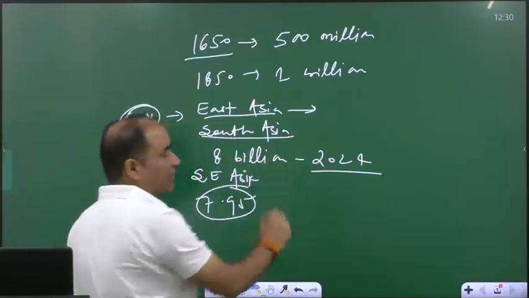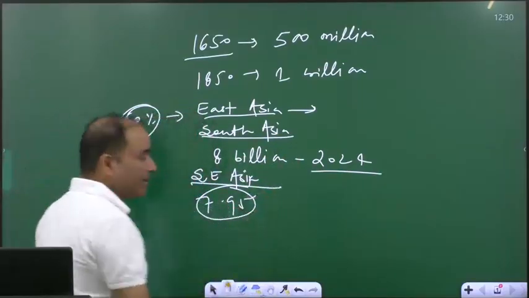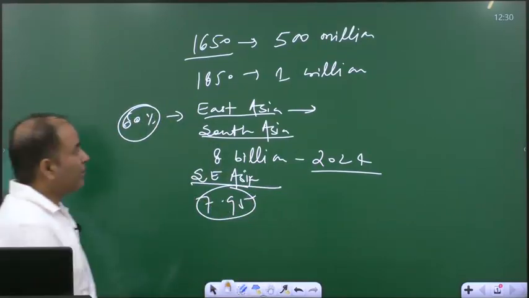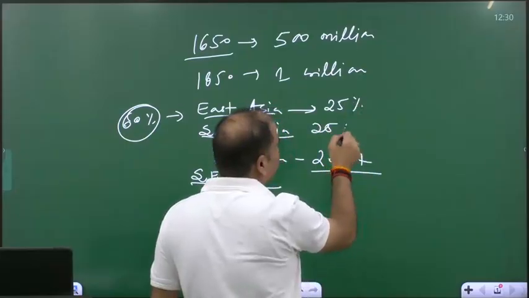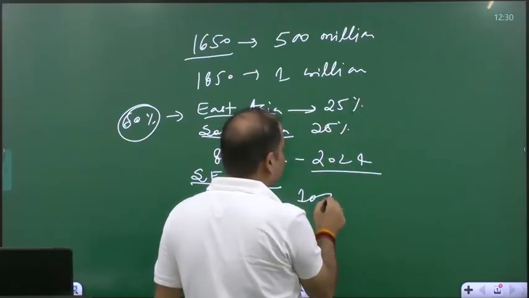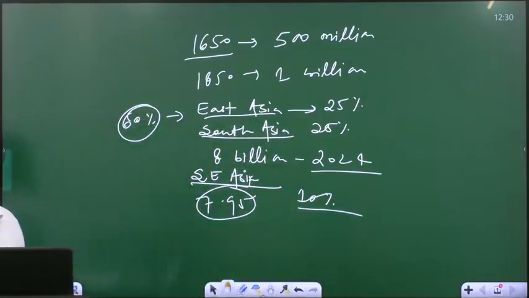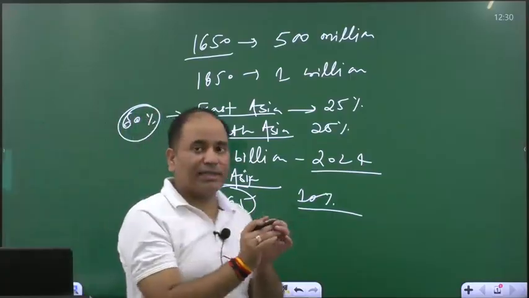Here in South Asia the main country is India. Here in Southeast Asia the main countries are Indonesia and the Philippines. Almost 25% of the global population is here. 25% of the global population is here. 10% of the global population is here. 60% of the global population is concentrated in this pocket.